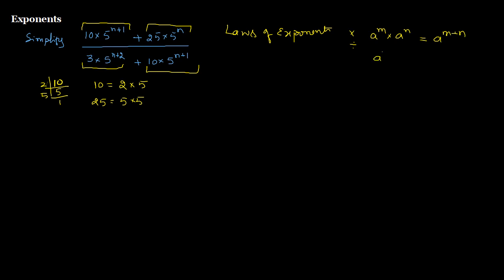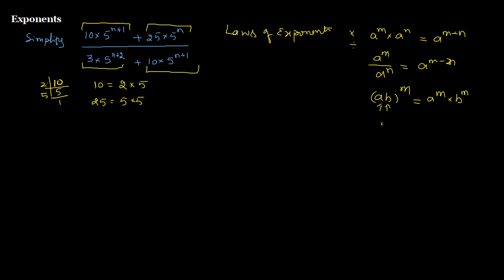Similarly, a to the power m divided by a to the power n is a to the power m minus n. The rest of them are still the same. So ab to the power m can also be written as, if I take these two as factors, a to the power m into b to the power m.